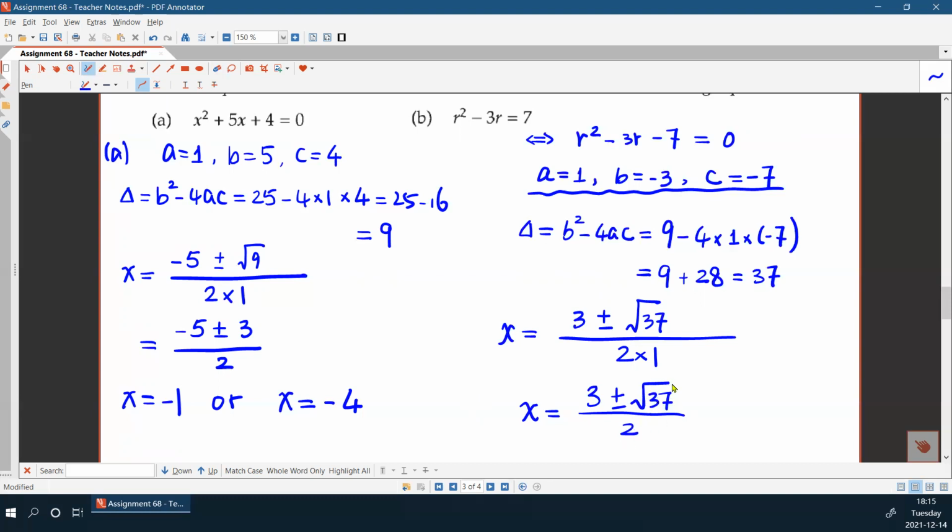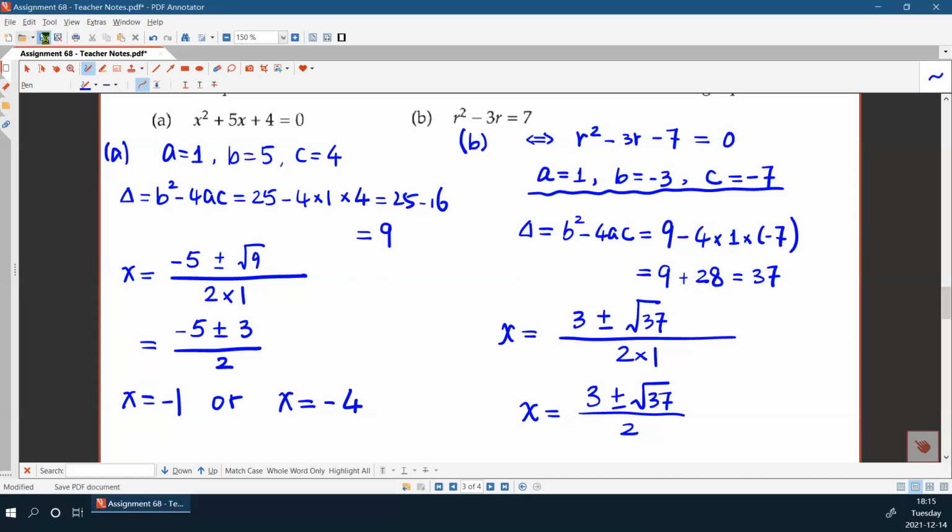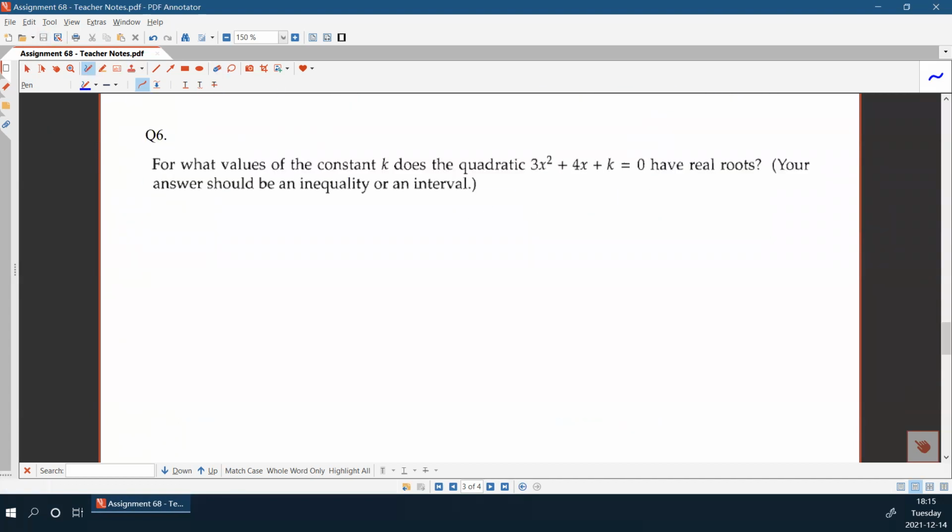Because 37 is not a perfect square, we can just leave it like this, okay? Any questions? Okay. So I hope next time you can solve similar questions by yourself, okay? I think for the next assignment, we should practice one more time using similar questions.